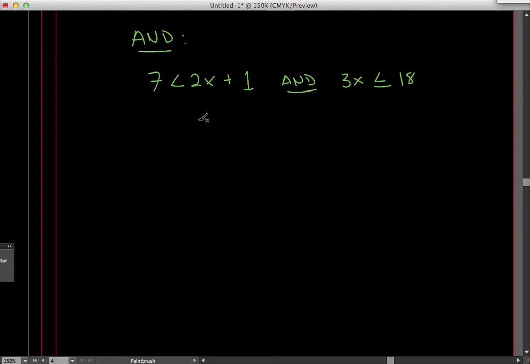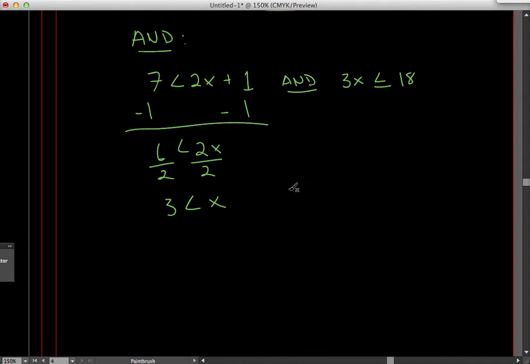7 is less than 2x plus 1. We can simplify this by subtracting 1 from both sides. That gives us 6 is less than 2x. And then dividing by 2, that leaves us with 3 is less than x.